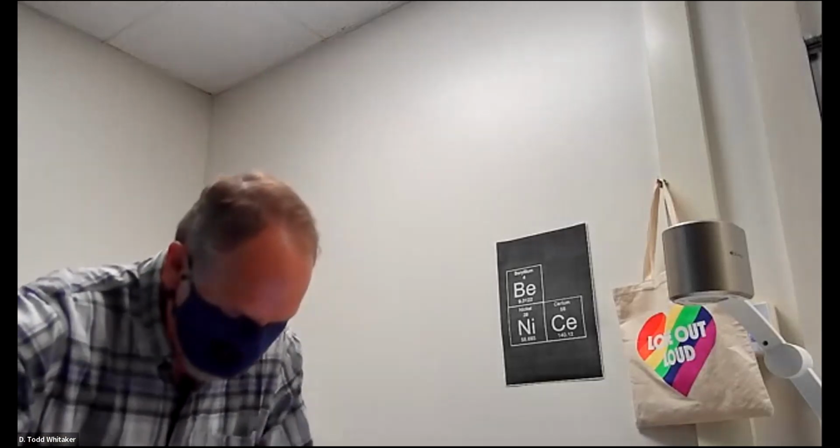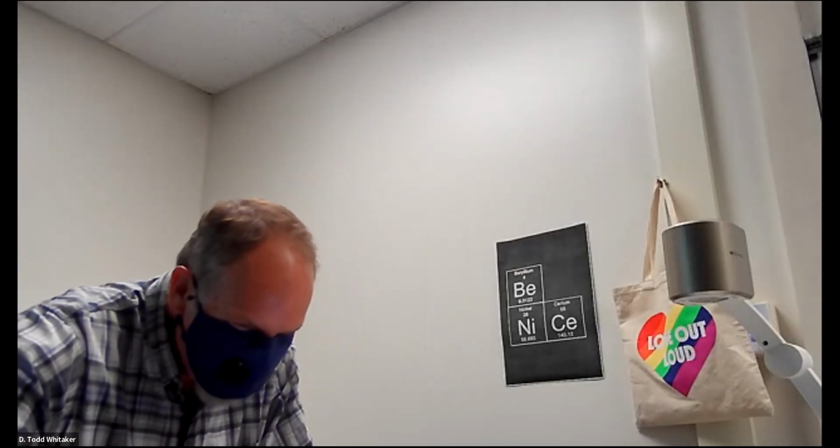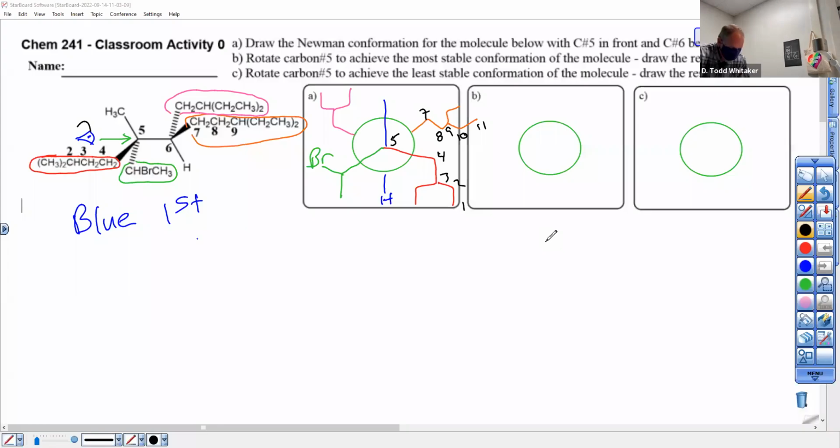So back to sharing. And we see that this thing, and we'll just circle bulkiest in baby blue. Bulkiest on C5 was this group where the branch is right away. You see that? It's kind of easy to see it with stick figures.